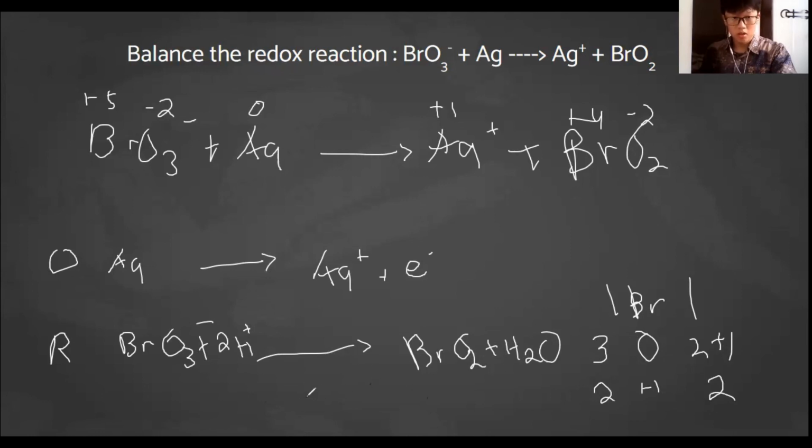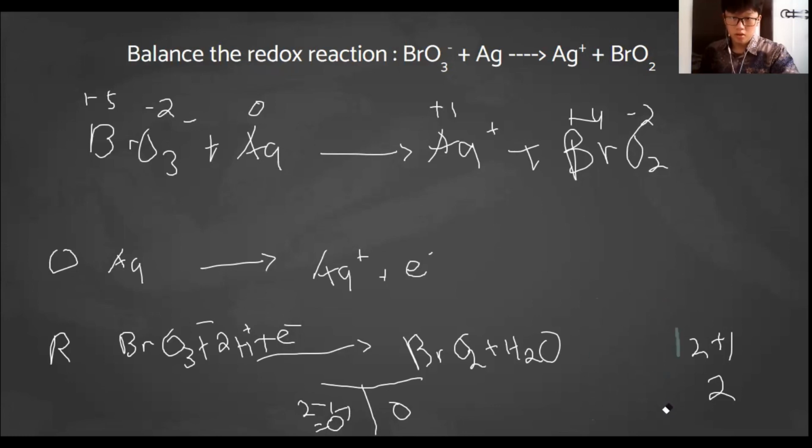Now balance the electrons. So on the right side there will be 0 charge, and on the left side 2 times 1, 2, minus 1, so we need to add an electron. So now let's simplify the electrons on both half reactions.